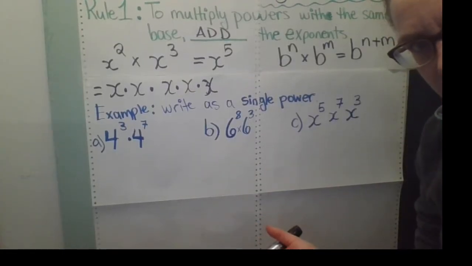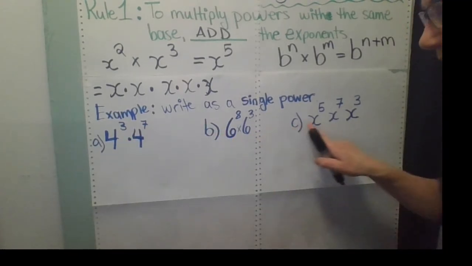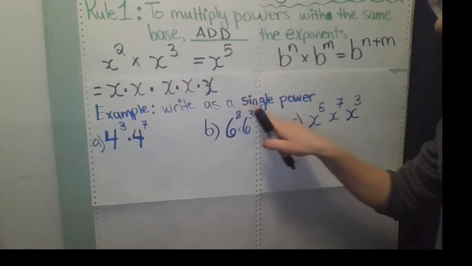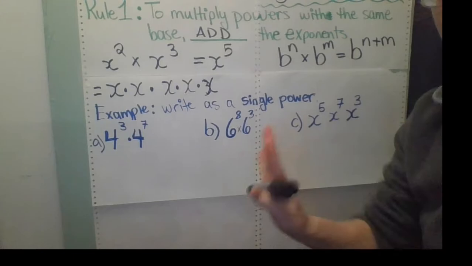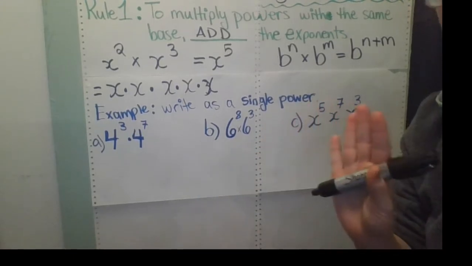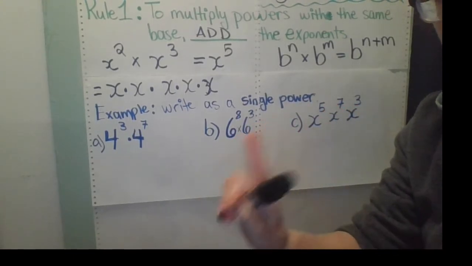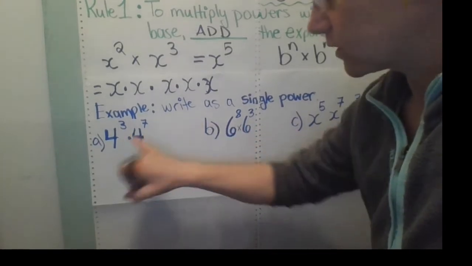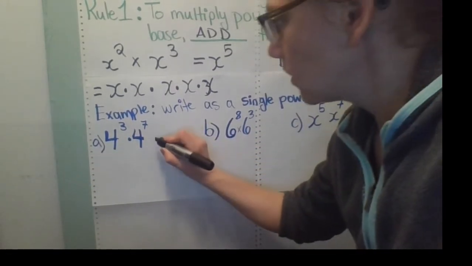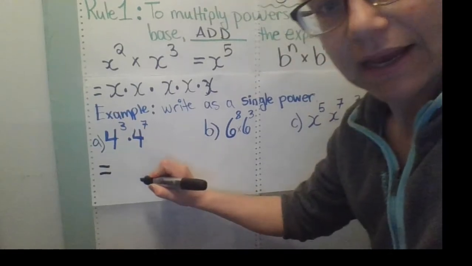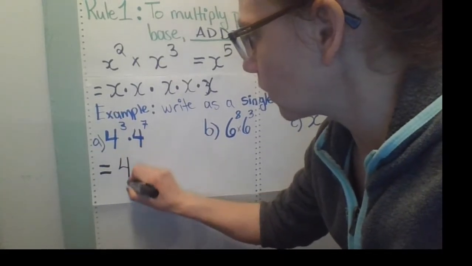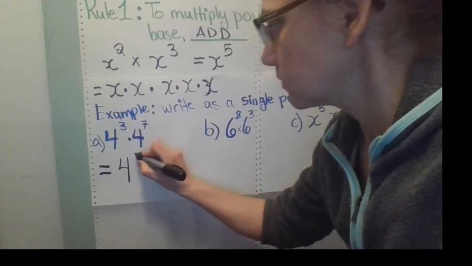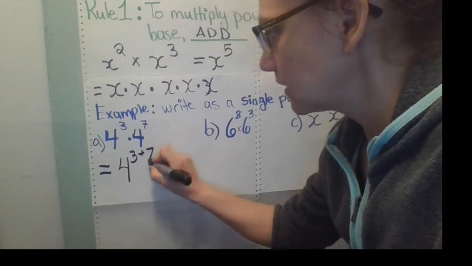Okay, so let's put rule 1 into action. I've got 3 different examples here, and I want to write my answers as a single power. So I don't even care what the actual final answer is. I just want to write this as a base with one exponent. So as long as my bases are the same, to do this, we're going to add our exponents. So I get 4 as my base. Exponents become 3 plus 7.